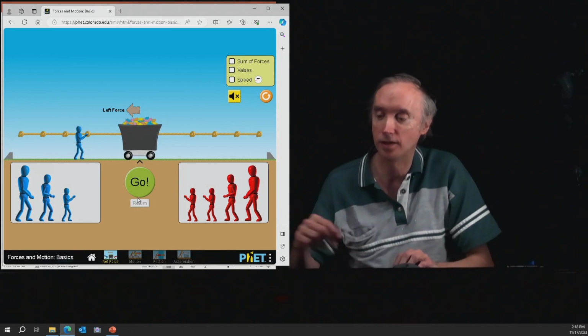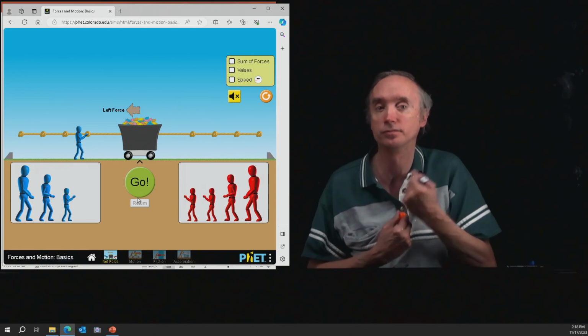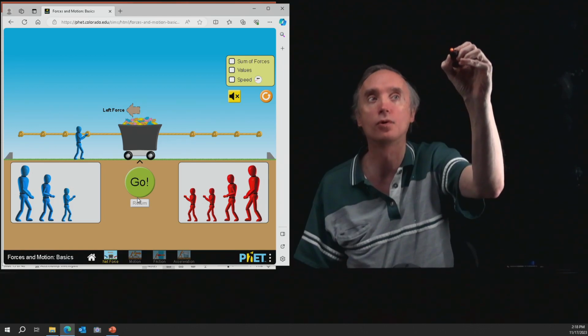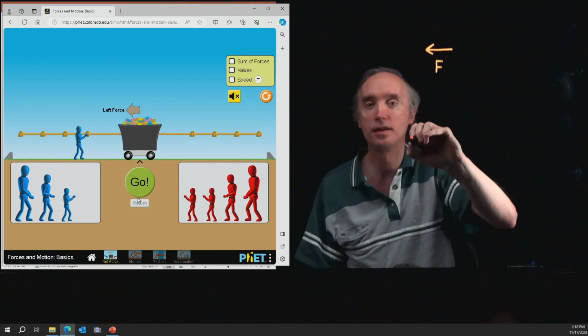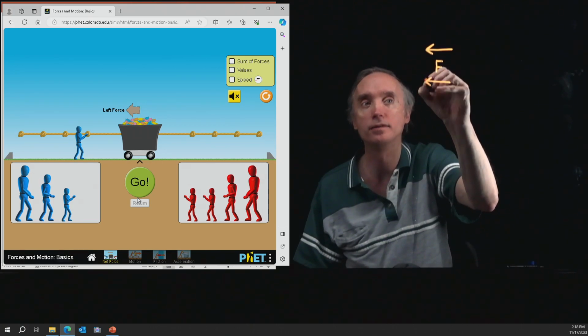All right, so let's reset it. And so immediately we can come to a conclusion that if the force F is in that direction, then the motion of the cart is going to be in that direction.